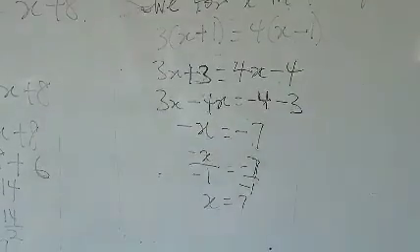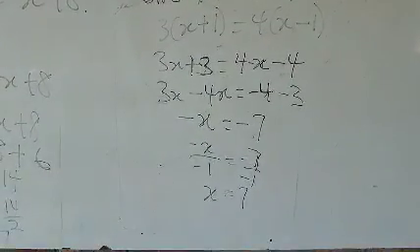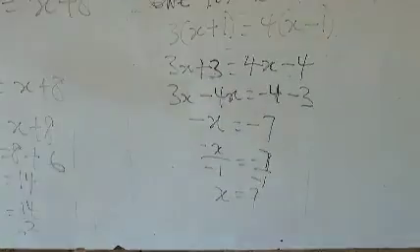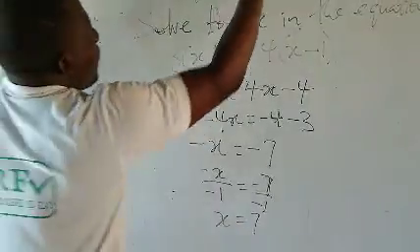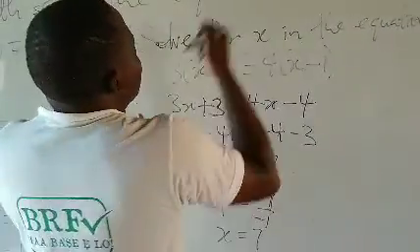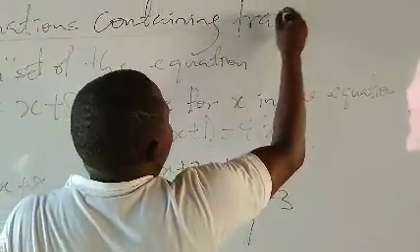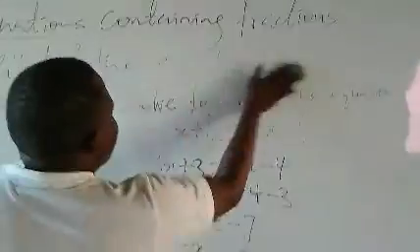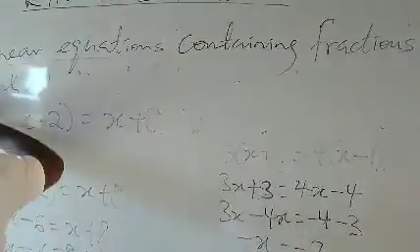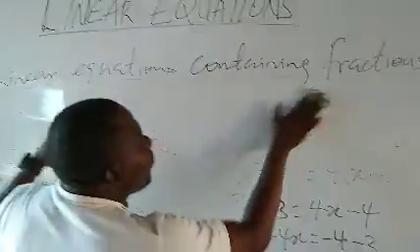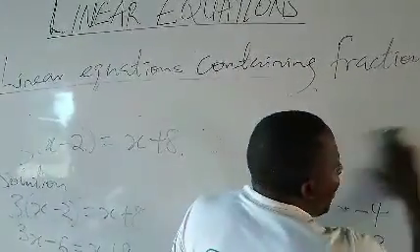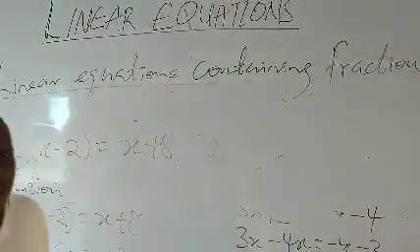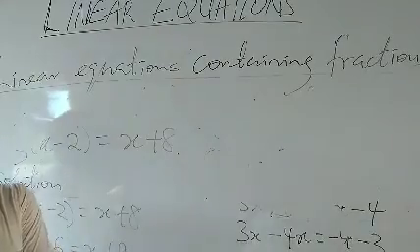Simple as ABC. Now let's move to another type of linear equation. Let's go to linear equations containing fractions. In linear equations containing fractions, you have to know how to find the LCM of 2 numbers or LCM of 3 numbers.